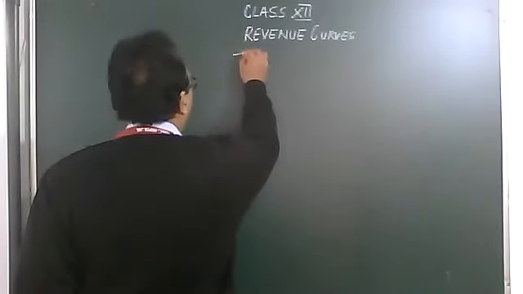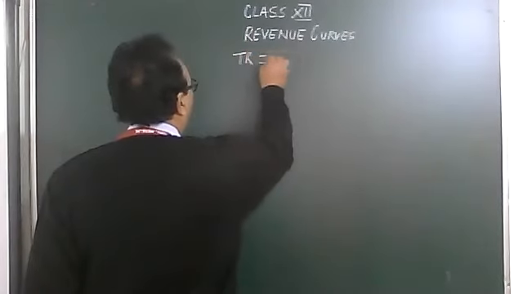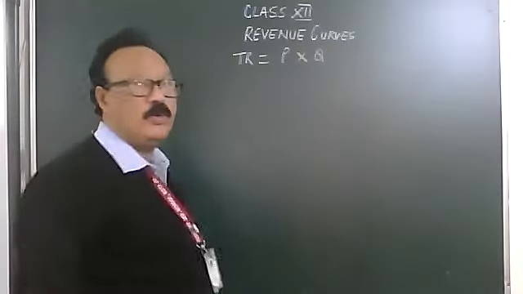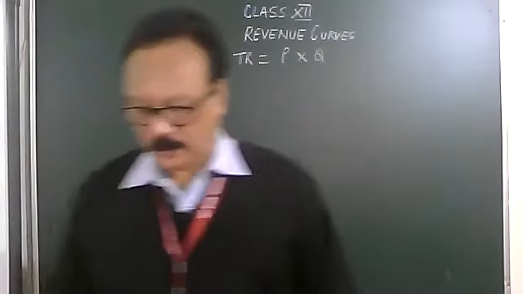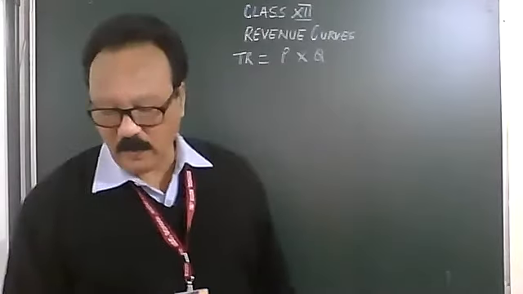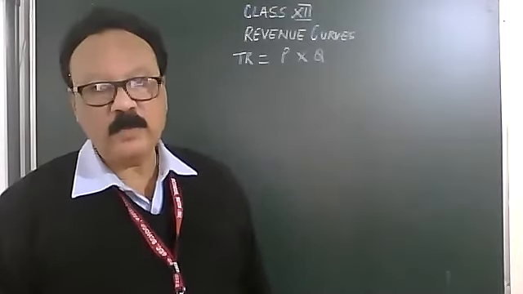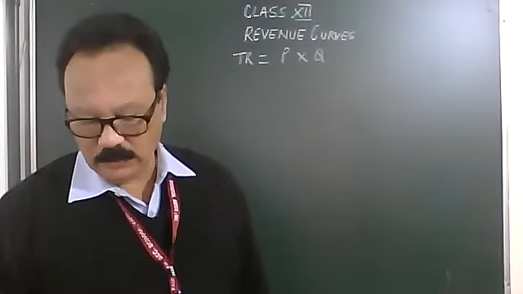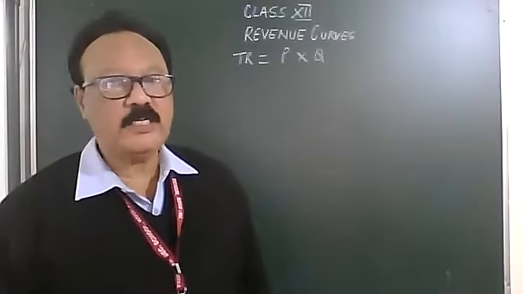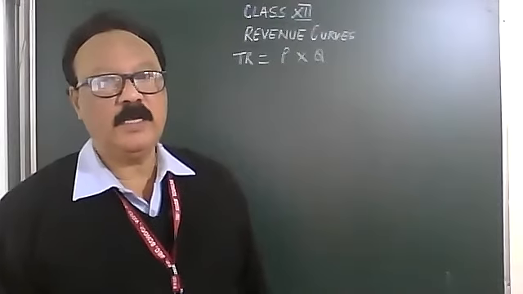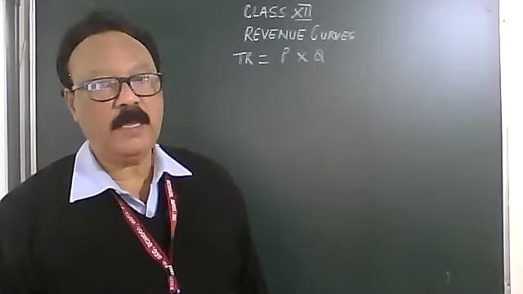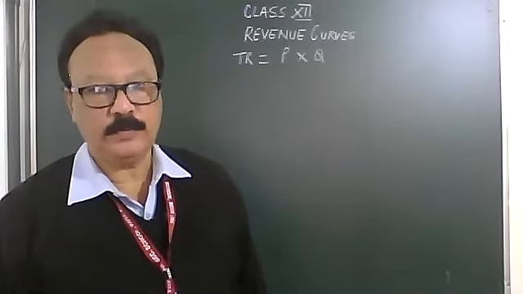So TR is equal to P into Q, where P stands for per unit price and Q stands for quantity of commodity sold. So TR is equal to P into Q.